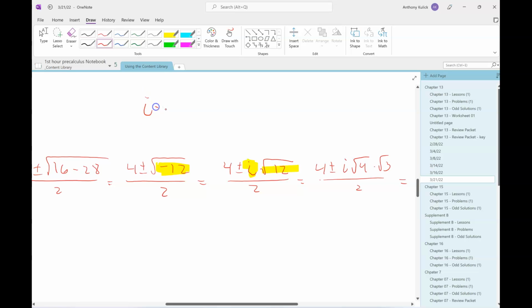So I is equal to the square root of negative 1. So we could think about square root of negative 12 as square root of negative 1 times square root of 12. So that's our I, square root 12. Does that refresh your memory?